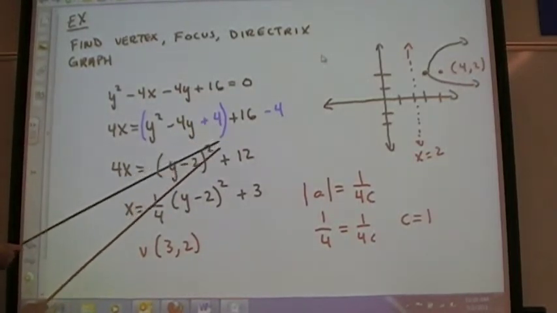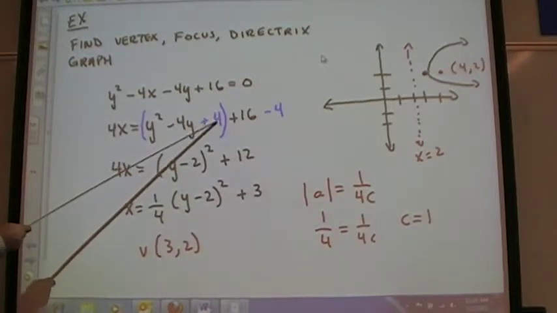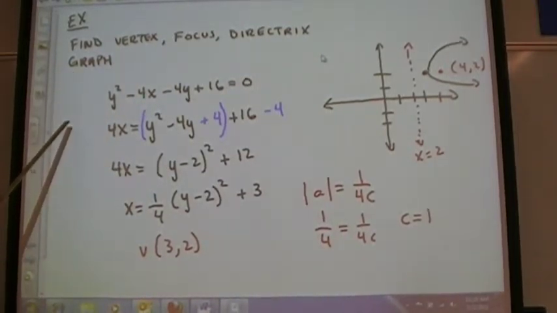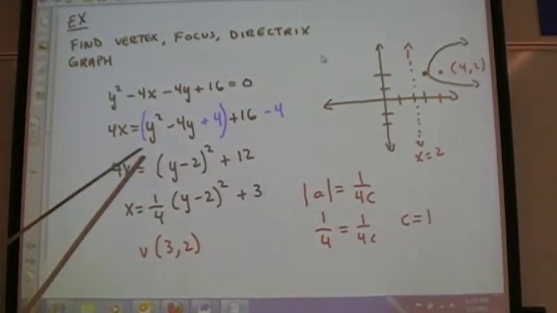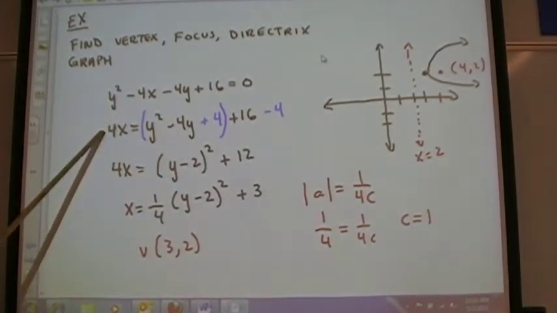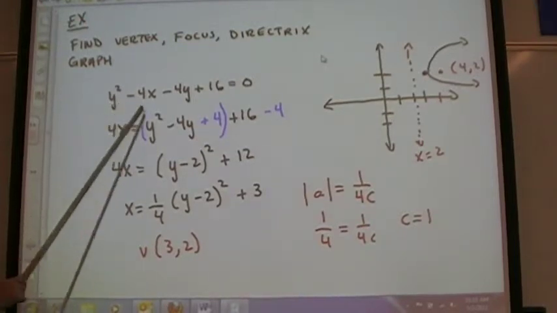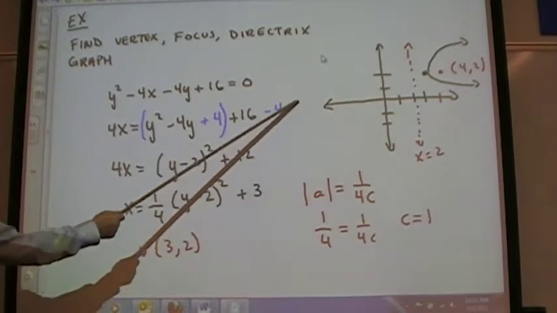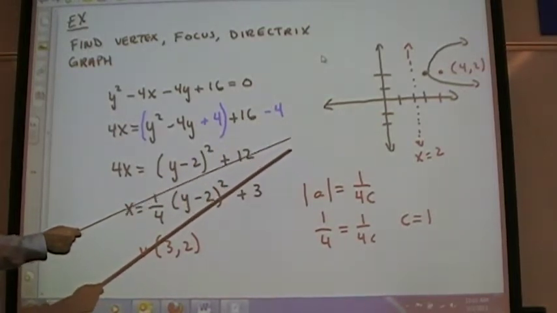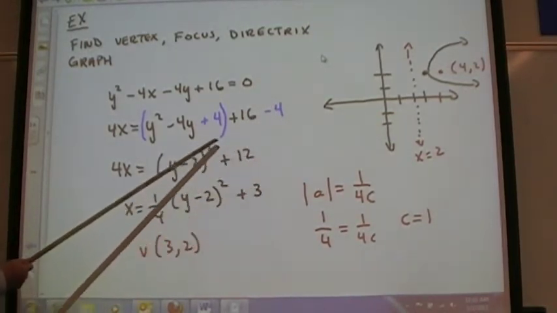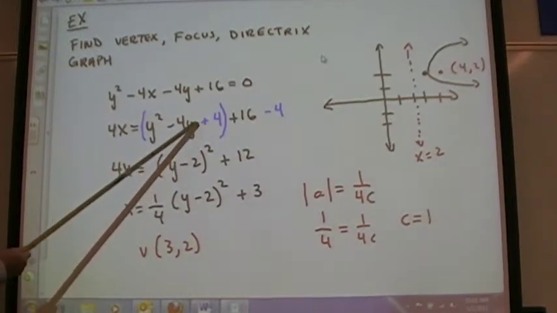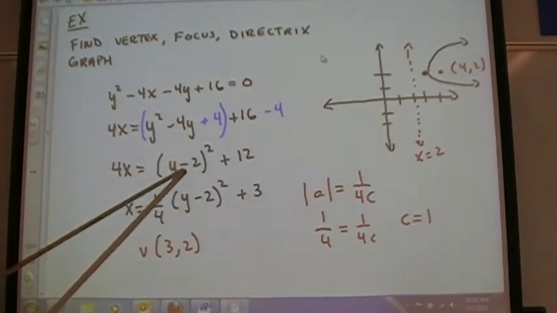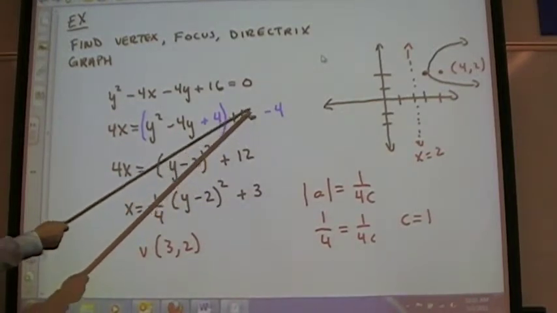Plus 4. Remember, if you add something to one side, you have to do it to the other side, so you're not changing the problem. So I added 4 here, I have to add 4 here, or since I just want to deal with one side of the equation, instead of adding 4, I make up for it by subtracting 4 on the same side. Now this part in parentheses is a perfect square trinomial, so it factors down to y minus 2 squared.